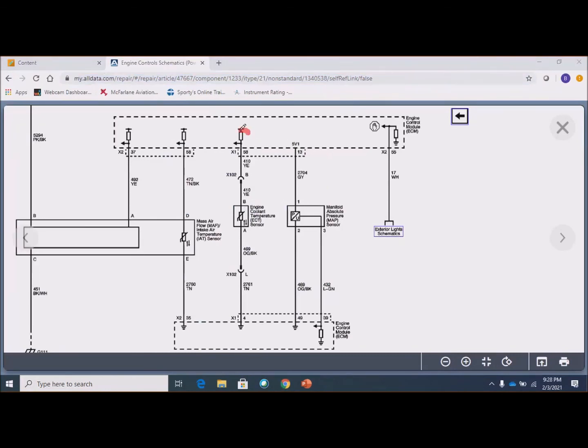Up here is a fixed resistor. Notice it's inside the engine control module. Right here is showing a source of voltage. So if you follow this all the way down, start to finish, you have a series circuit.